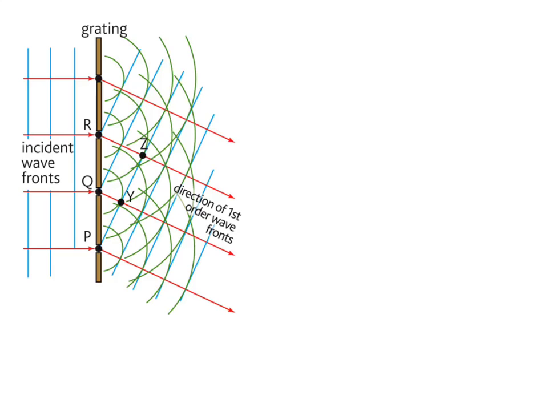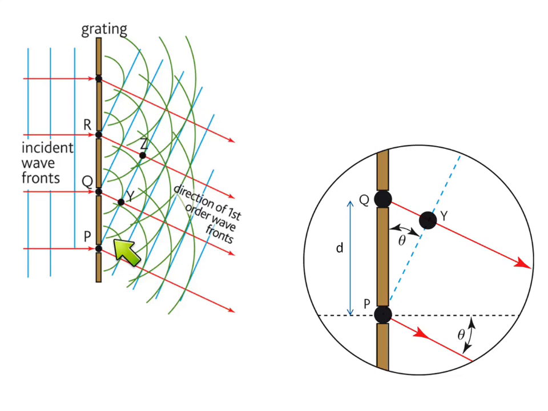So this is the diagram from the book. We can see the rays heading off to their first order fringe. We zoom in on this little bit here, just the distance between two of the slits. We've got a triangle, and here it is blown up.